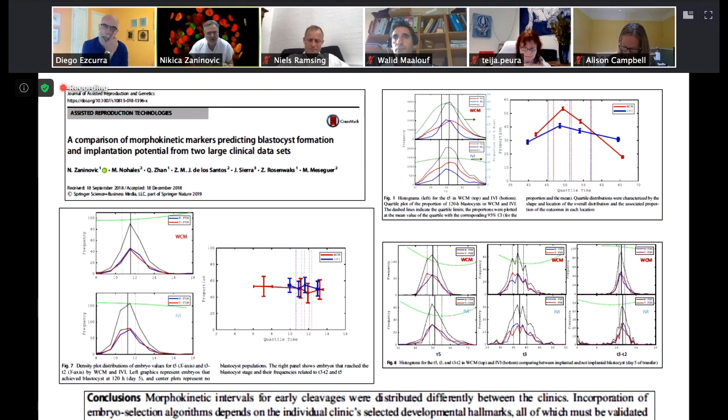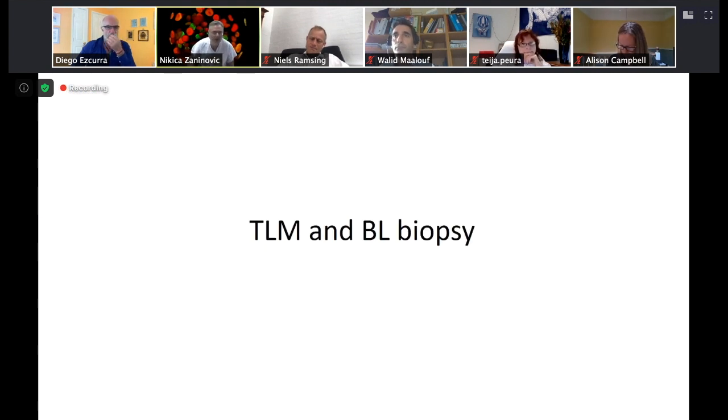We noticed that the parameters that are important in the model are the same. However, the distribution of the data is different. So the problem is, how can you use this in a kind of universal way? One of the possibilities, like Niels mentioned, is to use a very large data set of multiple diverse groups of patients.